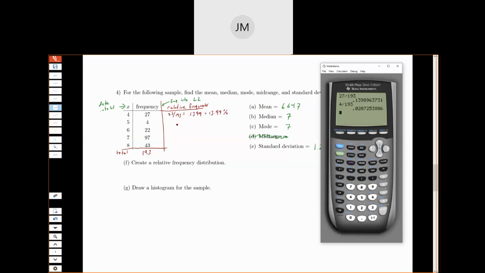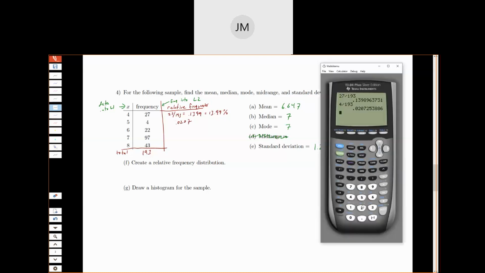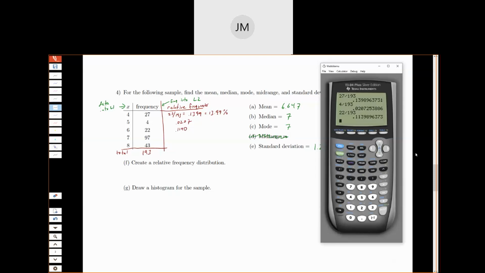Okay, so we get 0.0207. Okay, 22 divided by 193, I get 0.1140 if I round. 97 divided by 193, I get 0.5026.